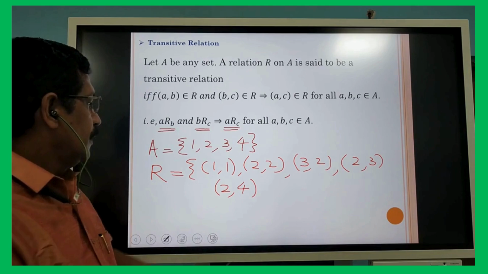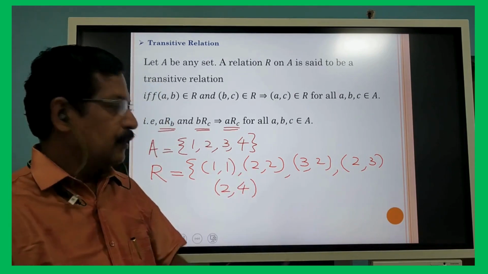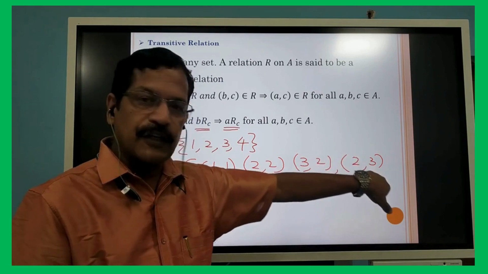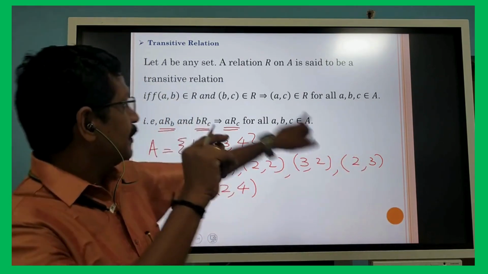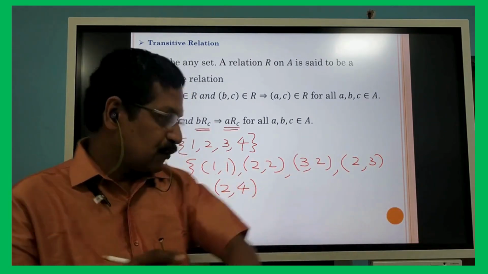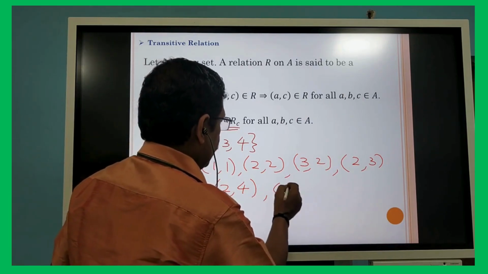Let us see. Now 1 related to 1, 2 related to 2, 3 is related to 2, 2 is related to 3. Then to get it transitive, 3 should be related to 3 also. So I have to write 3 related to 3.